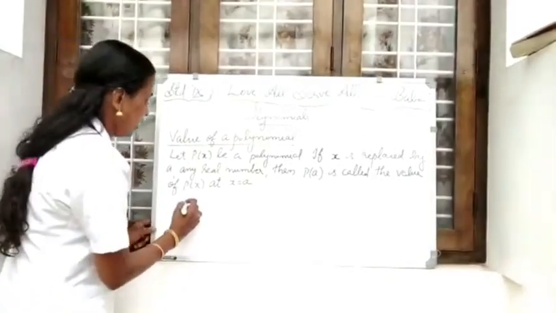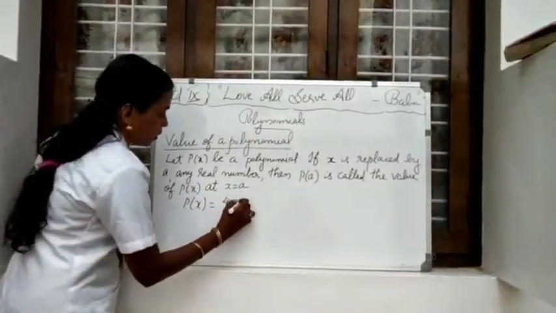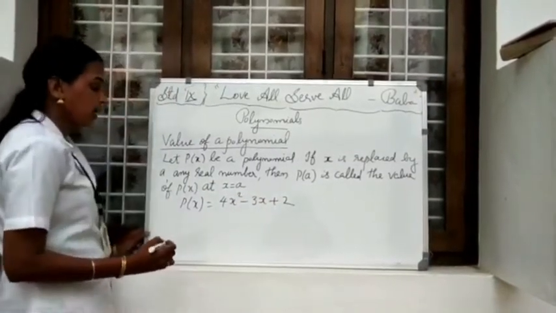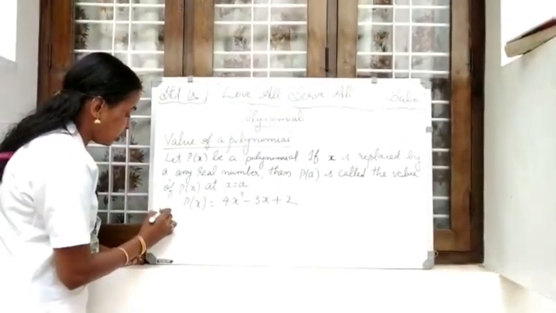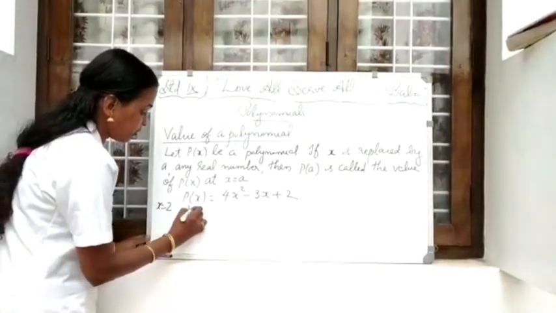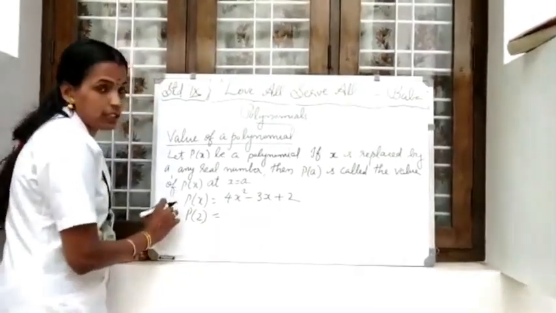For example, let p of x equal to 4x square minus 3x plus 2. Suppose we have to find the value of p of x at x equal to 2. Then p of 2 equal to, each x we have to replace by this 2.